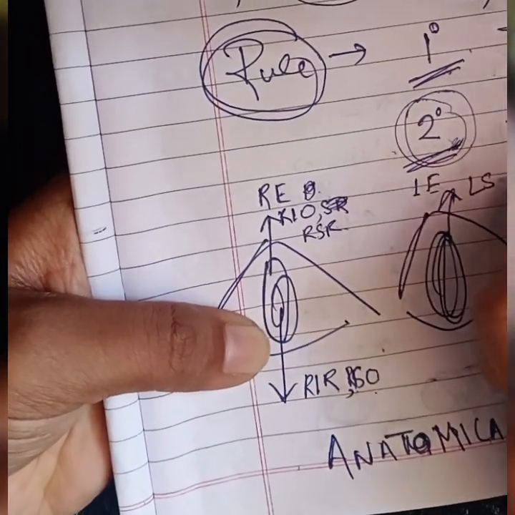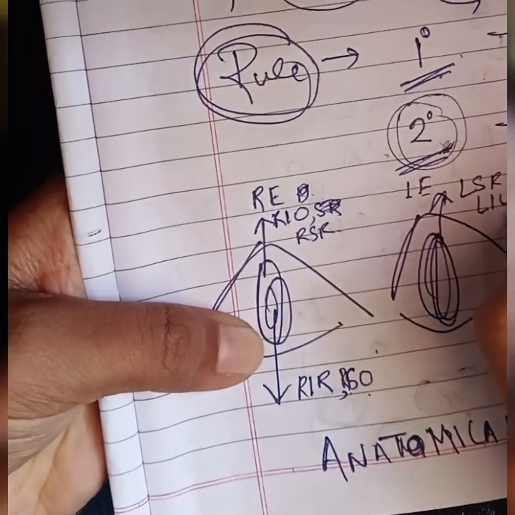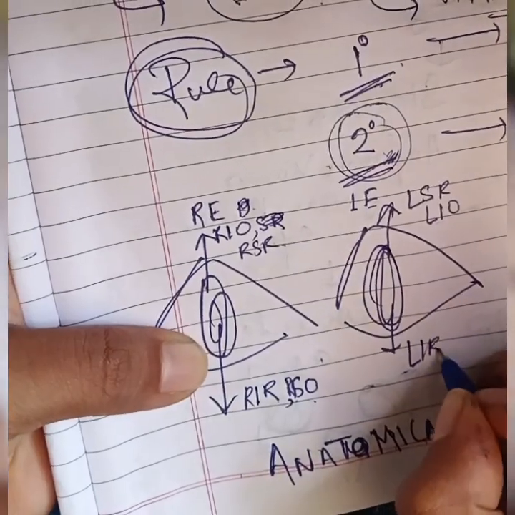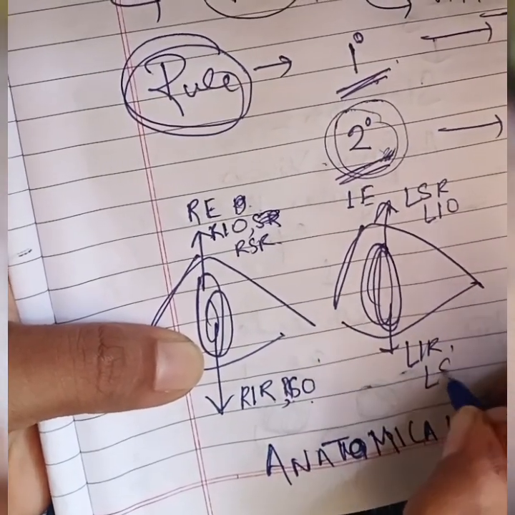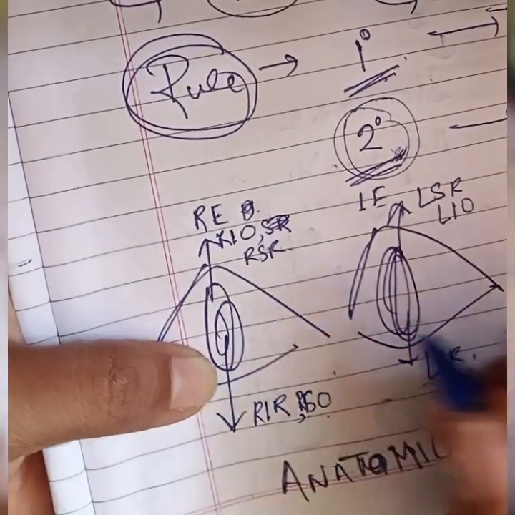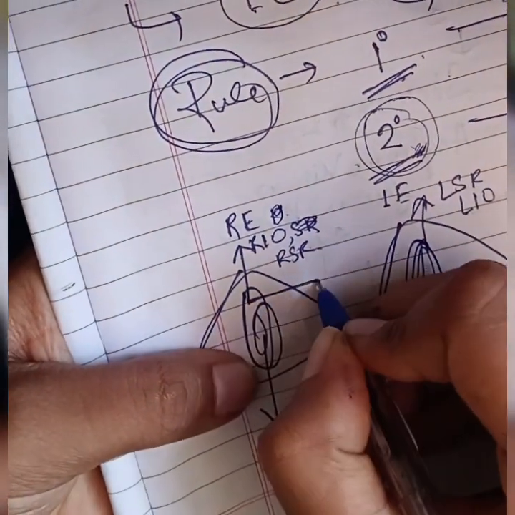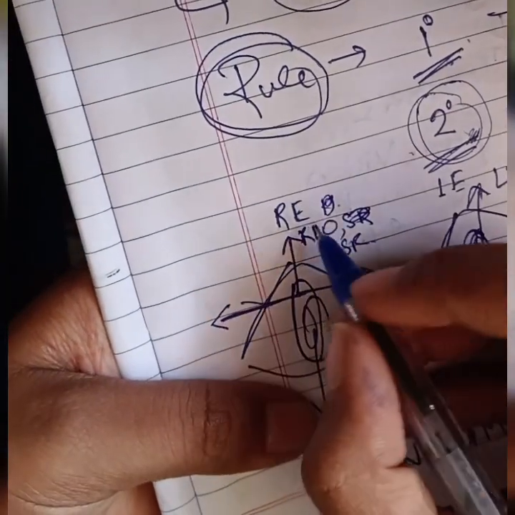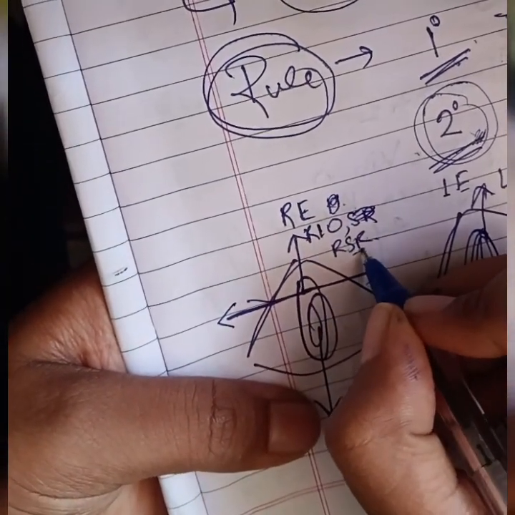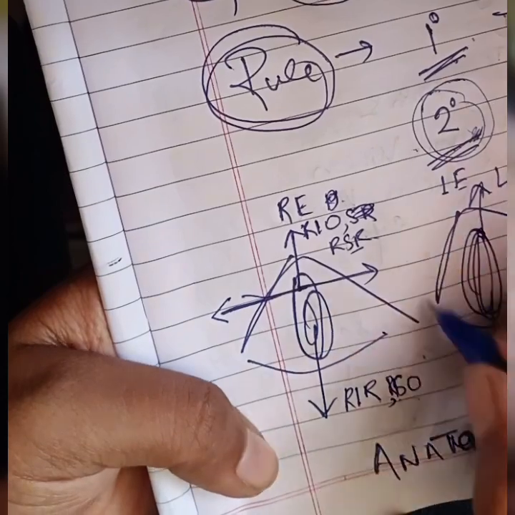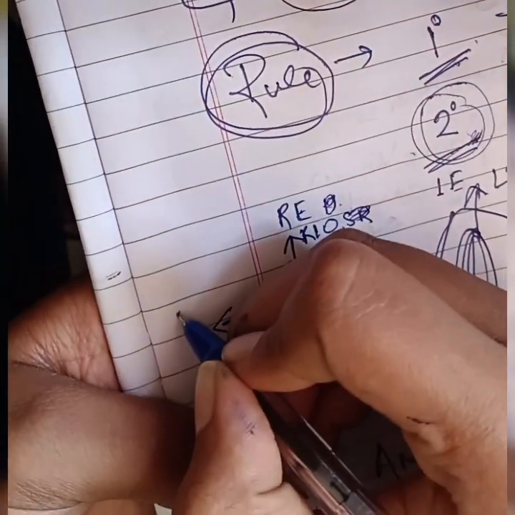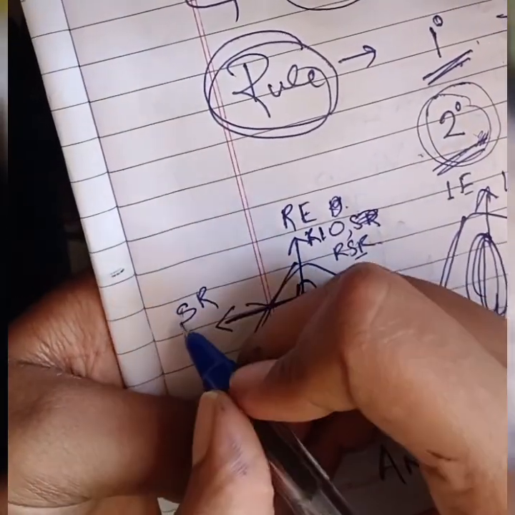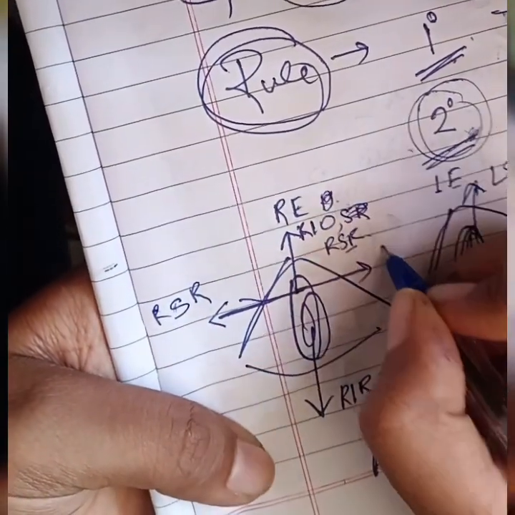Similarly over here, left superior rectus and left inferior oblique will do elevation, and left inferior rectus and left superior oblique would do depression. And these also have side vectors. Along with that, we know that your superior rectus will also do adduction. And your right inferior oblique will also do abduction.